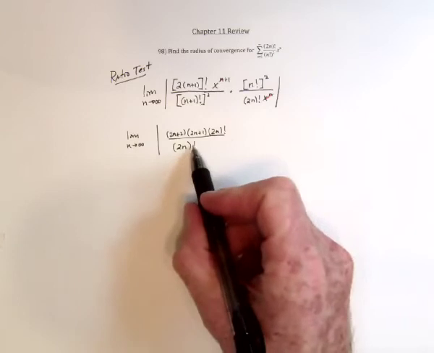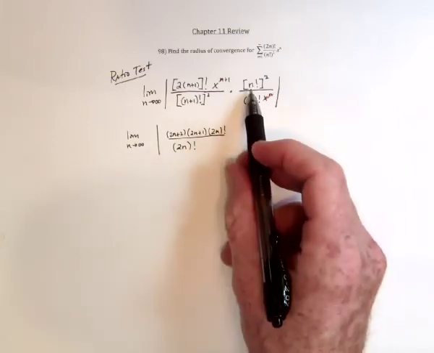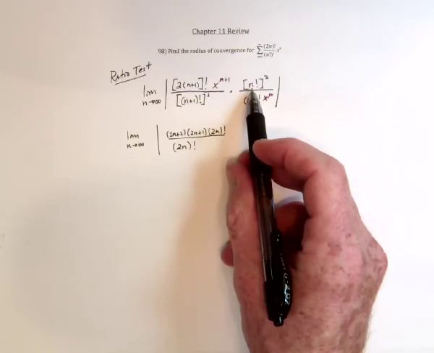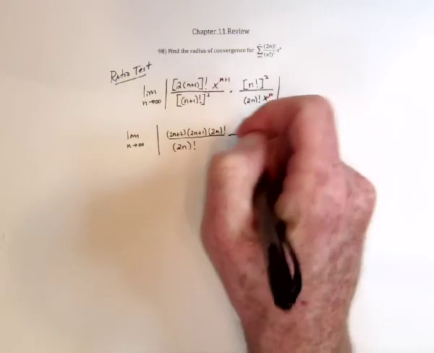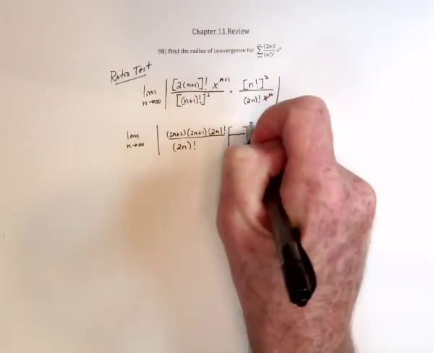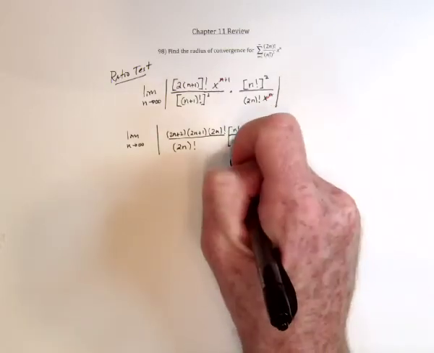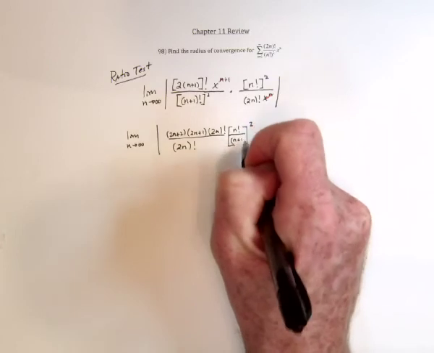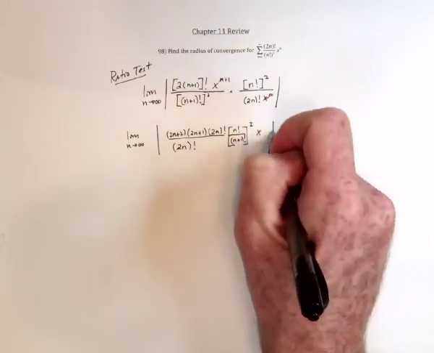That way, the 2n factorials can cancel. Over here, well, this is squared and this is squared, so what we could say is that means the whole thing is being squared, where this is n factorial and this is n plus 1 factorial, and then there's a single x.